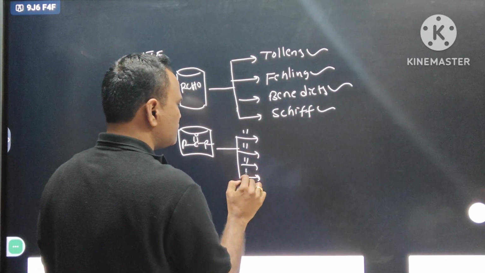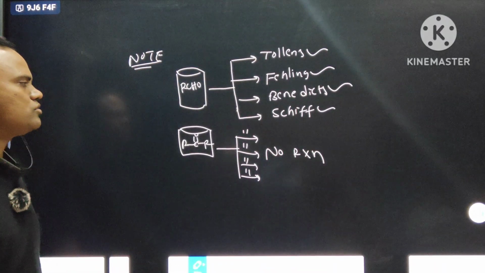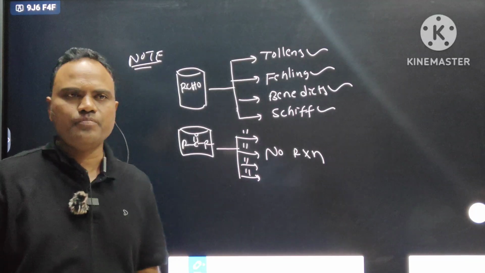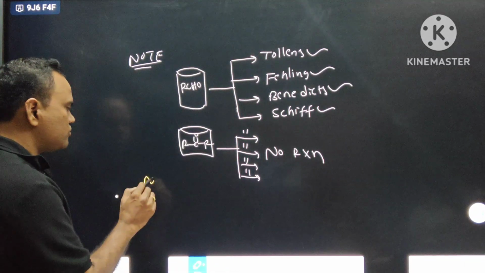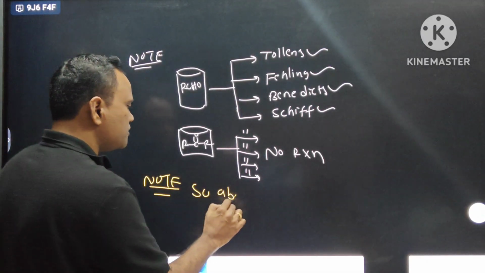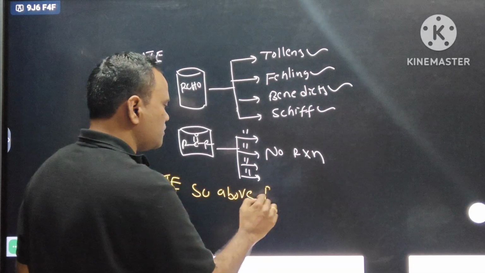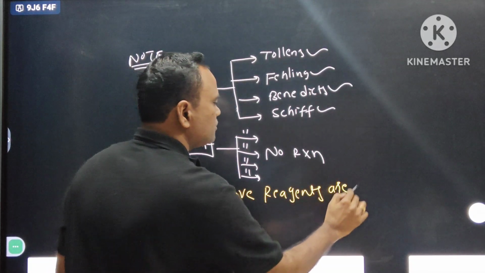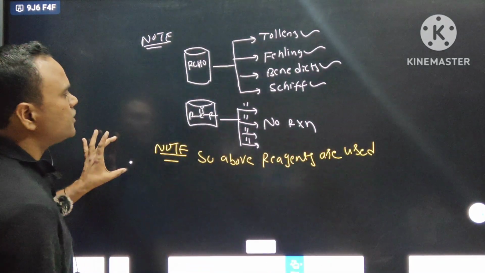You take all of these, no reaction. Ketones do not react with Tollens, Fehling's, Benedict's, Schiff's. So the above 4 reagents are used to distinguish aldehydes and ketones.